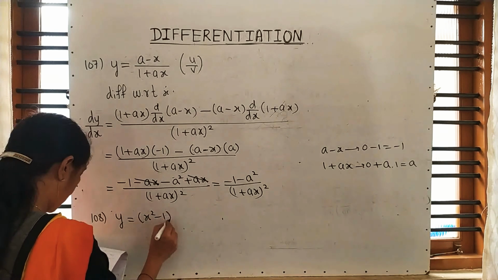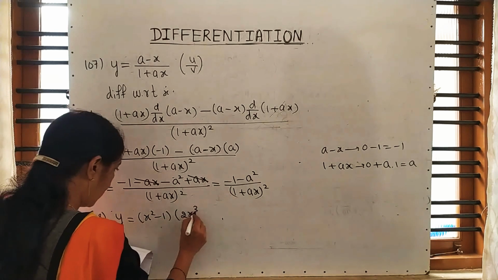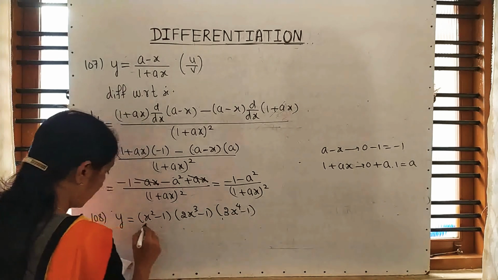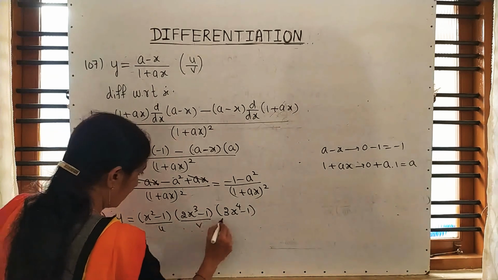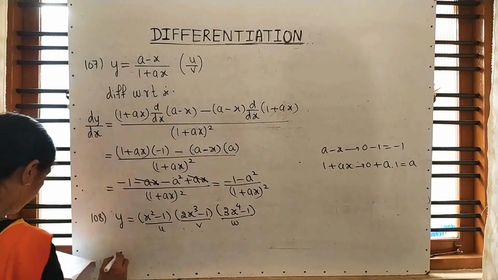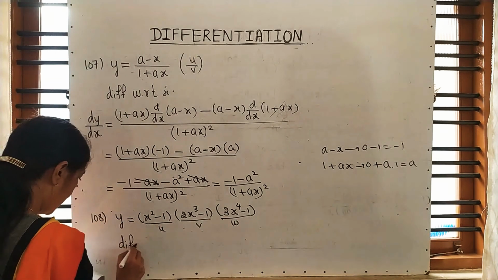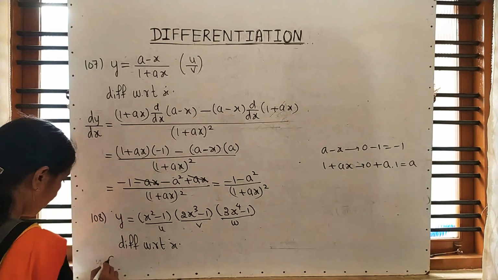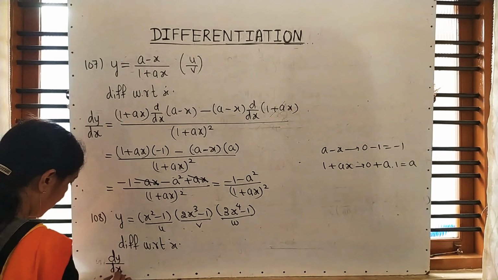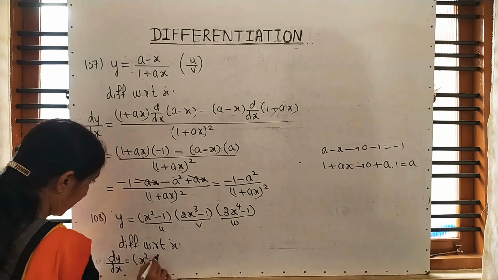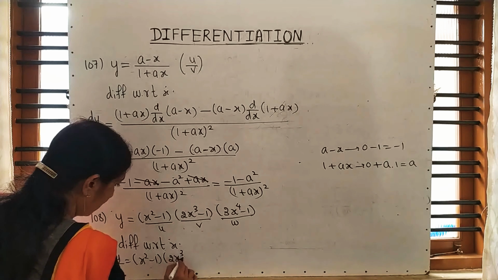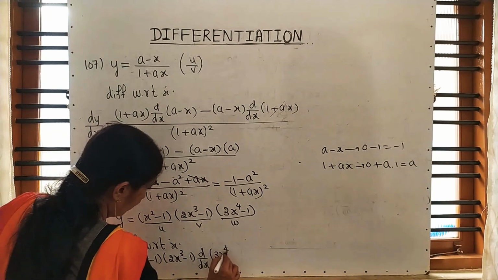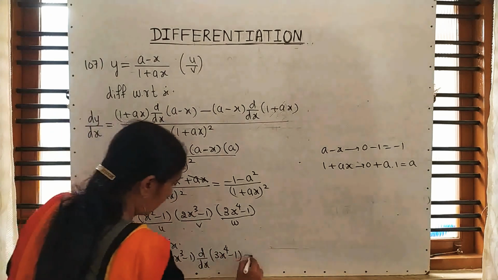x square minus 1, 2x cube minus 1, 3x to the power 4 minus 1. See, this is u. This is v. This is w. Differentiating with respect to x. dy upon dx is x square minus 1, 2x cube minus 1, differentiation of, next I am differentiating this.